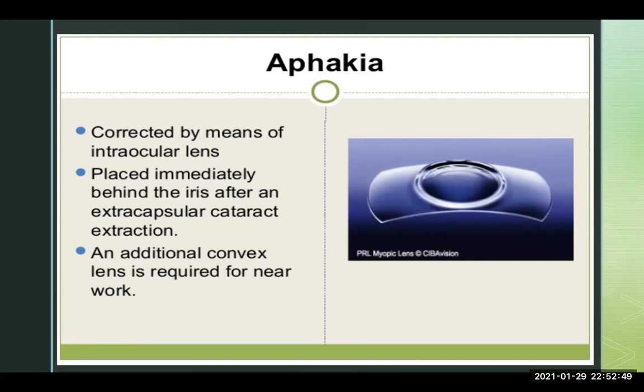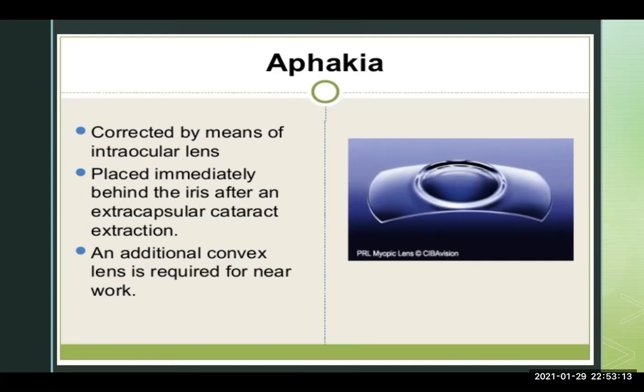So it will be corrected with contact lenses, glasses, and then implantation of an artificial intraocular lens, which is placed immediately behind the iris after an extracapsular cataract extraction, or inside the bag if you have a good bag.